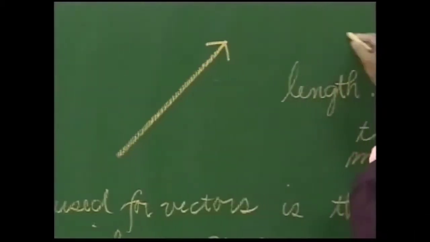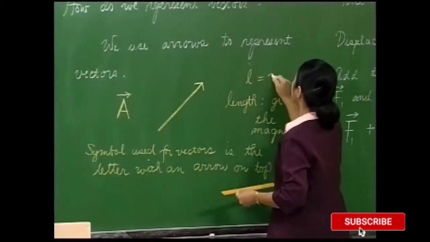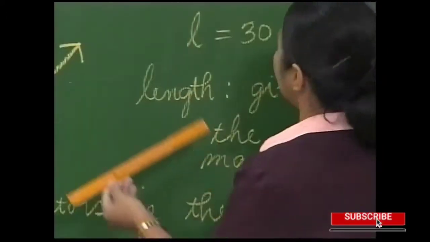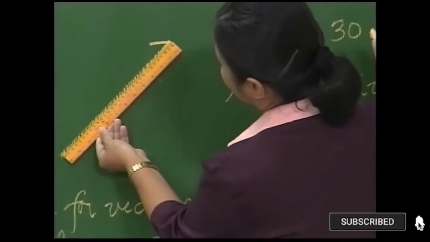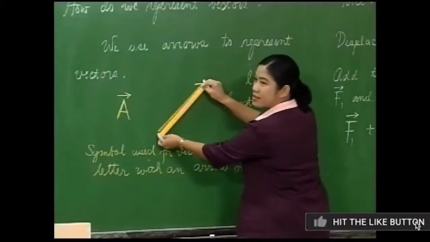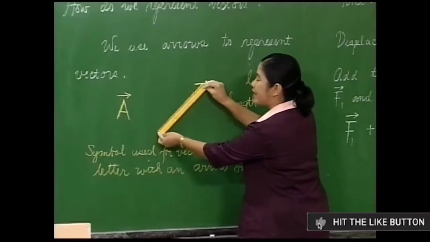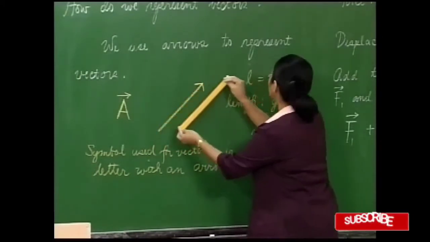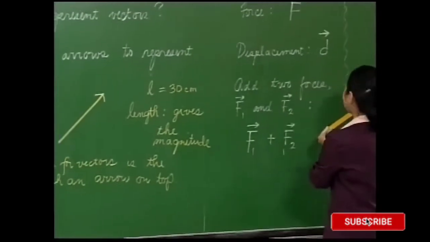Okay, so length L equals, say, 30 centimeters. Now this vector will be the same even if I were to draw it somewhere here.